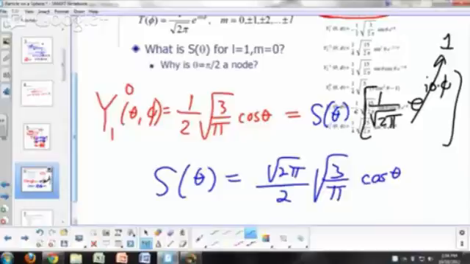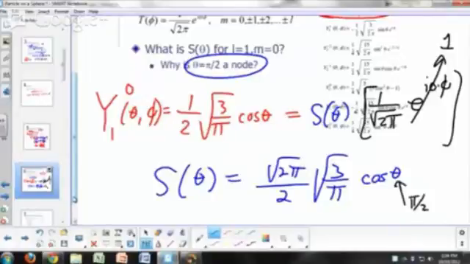Now, if we were to plot this function, you're going to find that theta equals pi over 2 is a node. Why do you think that is? What happens if I plug in pi over 2 here? What's cosine of pi over 2? 0. If you go from 0 to pi over 2 to pi, cosine 0 would be 1.